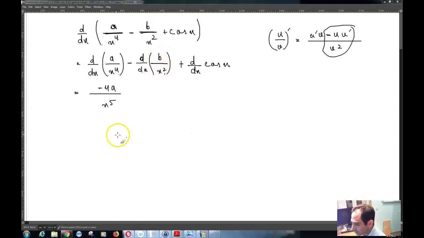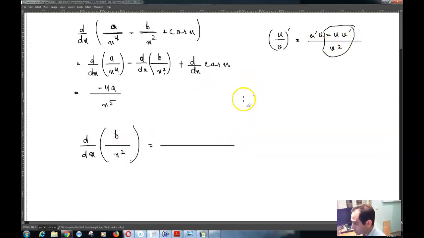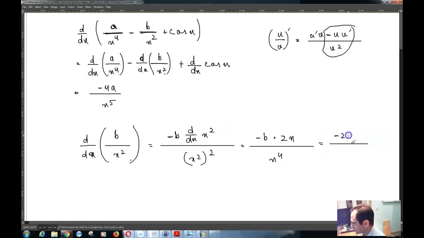Now d by dx of b over x squared: again the same story, negative b times d by dx of x raised to the power 2 over x squared whole squared, which is equal to negative b times 2x over x raised to the power 4, which is negative 2bx over x raised to the power 4, and so you have negative 2b over x cubed.